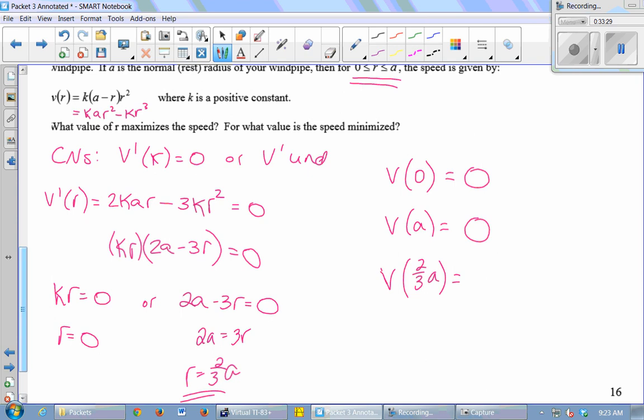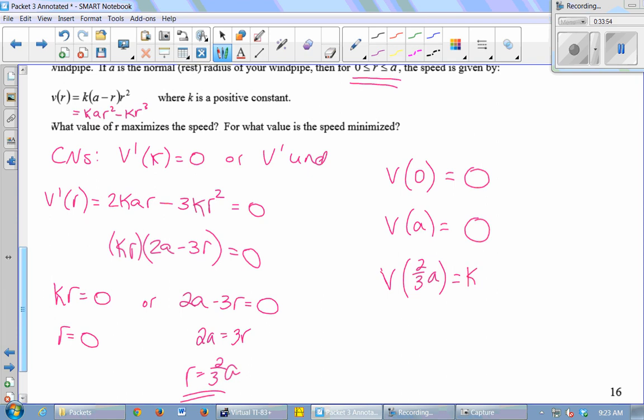So 2/3 a is going to have to be my maximum. So when it is 2/3 of a, you're going to get maximum velocity. And that would be, I guess I'll write it out.